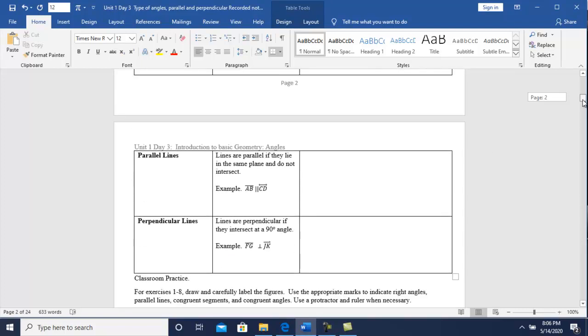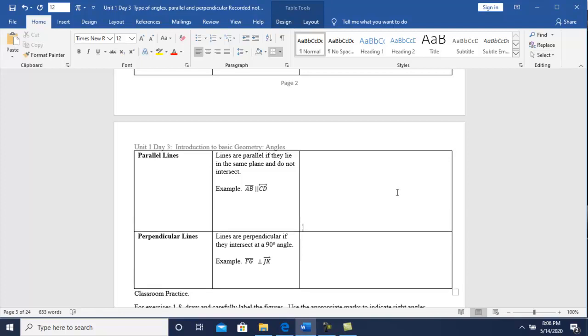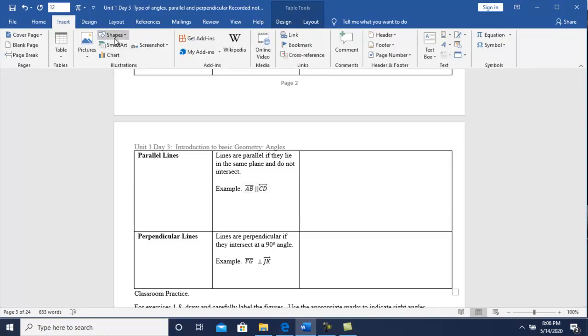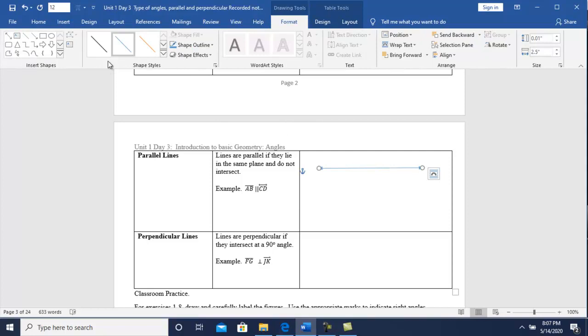Okay. All right, next up is parallel lines. We're going to draw two lines that are parallel to each other. Lines are parallel if they lie in the same plane and do not intersect. In this example, we got one line segment and one line. So let's draw these two. First we're going to draw a line, and we need 2 points on there.